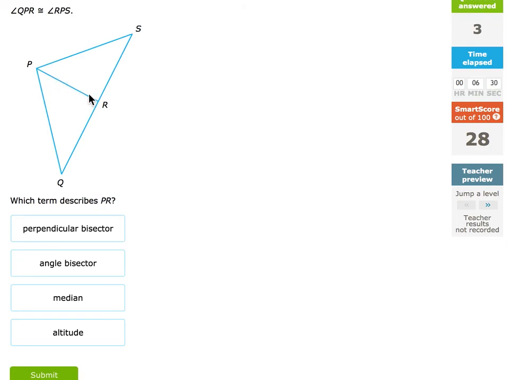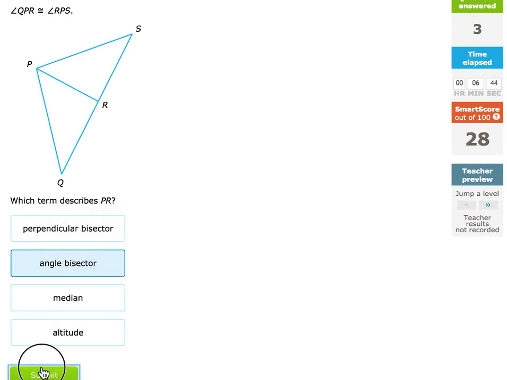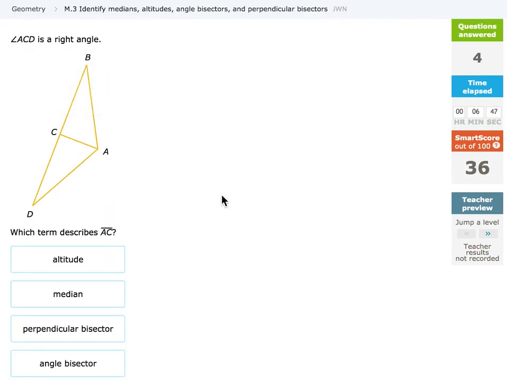It looks like this line is the one forming the two, cutting them in half. So that is angle bisector. Remember, bisecting means two equal parts, and it's bisecting the angle. Go ahead and submit. Continue this topic the way we've done these first few problems, and remember to help each other out.